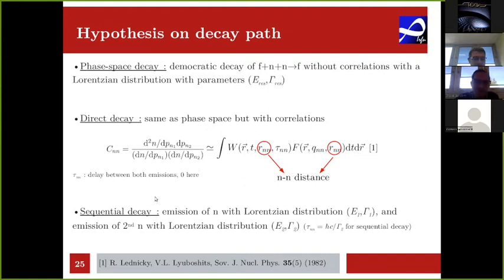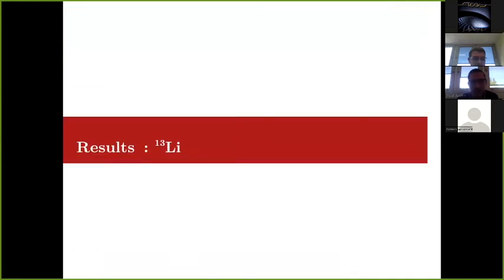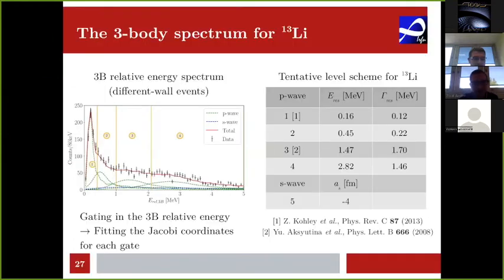And the last case is the sequential decay, which is the emission of a neutron, the two neutrons, one after the other, following two different distributions. So now that these three hypotheses have been set, I can show how we use them and the results. This is the obtained three-body relative energy spectrum for lithium-13.